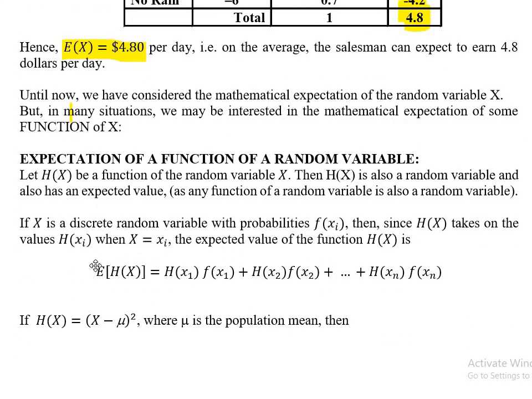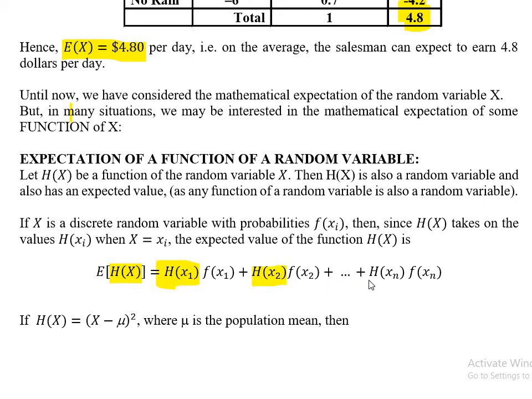Similarly, we can find the expectation of some other function. If there is just an x, we multiply x with f(x). But if there is some other function h(x) inside, you will calculate the value of h at x1 and then multiply with the probability.